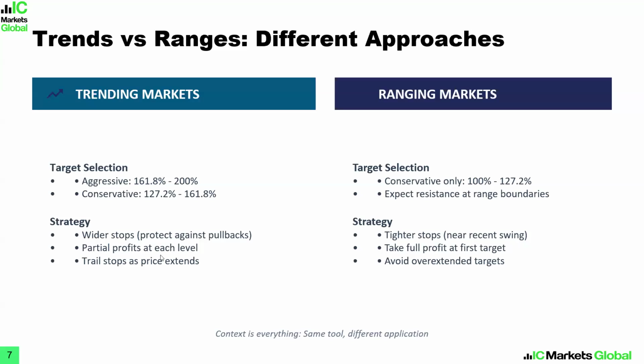You can take partial profit at each level and use a trailing stop as the price extends. For the ranging market, conservative targets are only 100% to 127.20, expecting resistance at the range boundaries. The strategy is a tighter stop loss near the recent swing, taking full profit at the first target, and avoiding overextended targets.